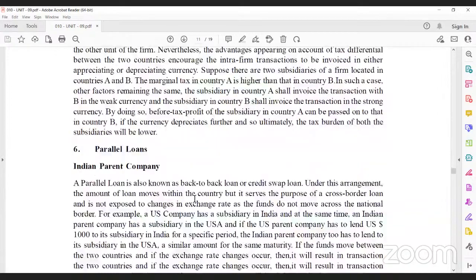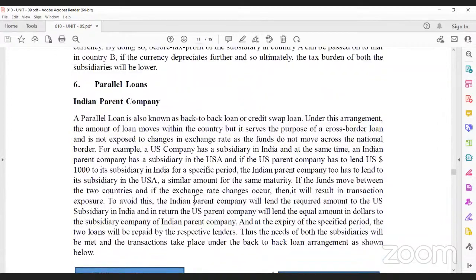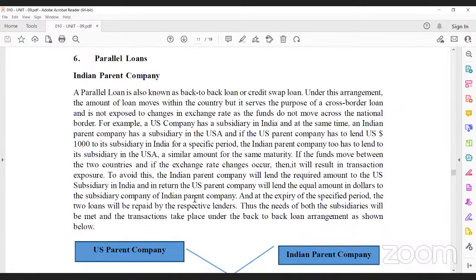Okay. Next, we have parallel loans. Parallel loan is popularly known or referred to as back-to-back loan or credit swap loan. This is more or less like an arrangement made within the country, but the purpose of it is to serve a cross-border loan.